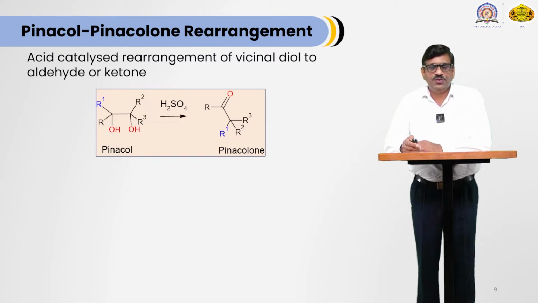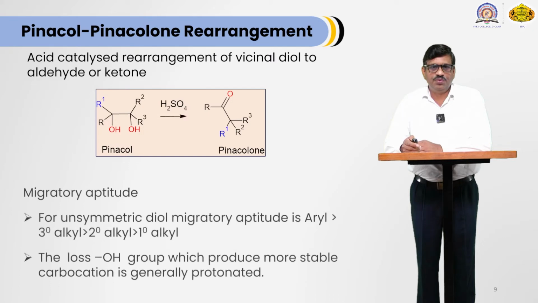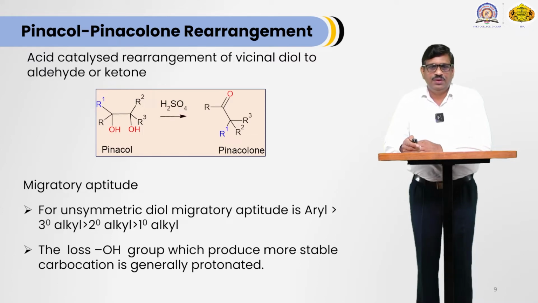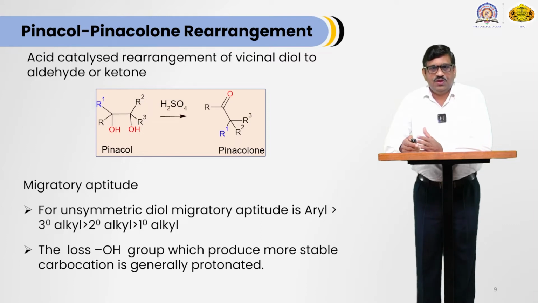In this rearrangement also migratory aptitude is very important: aryl group migrates preferentially, then tertiary alkyl, then secondary alkyl, then primary alkyl. Also, loss of OH group takes place, which produces a more stable carbocation.